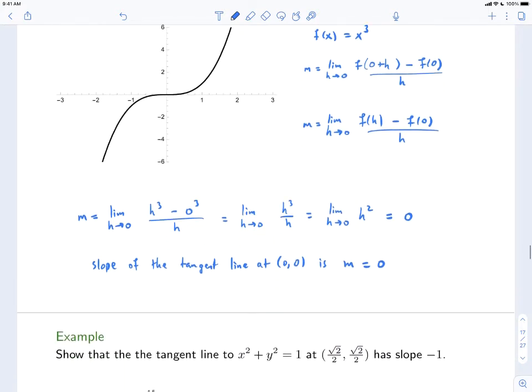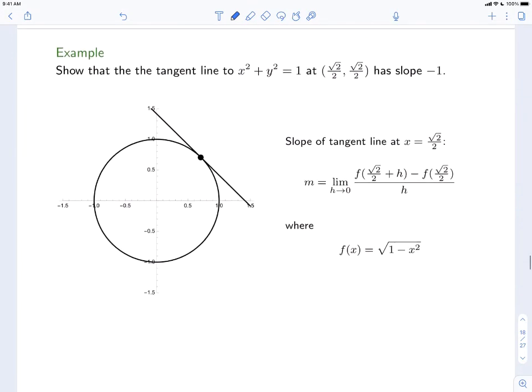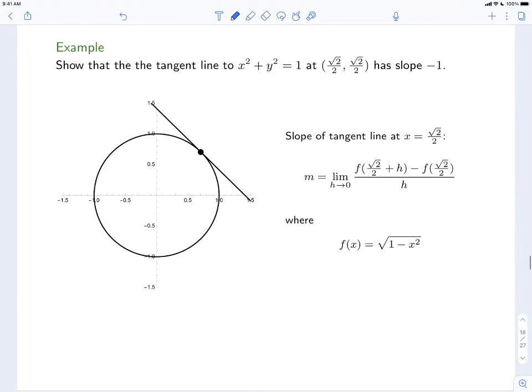Let's look at a more complicated example. Show that the tangent line to x squared plus y squared equals 1 at the point where the x coordinate is the square root of 2 over 2 and the y coordinate is square root of 2 over 2 has slope -1. So we're looking at this circle here. This circle has equation x squared plus y squared equals 1. It's the unit circle.